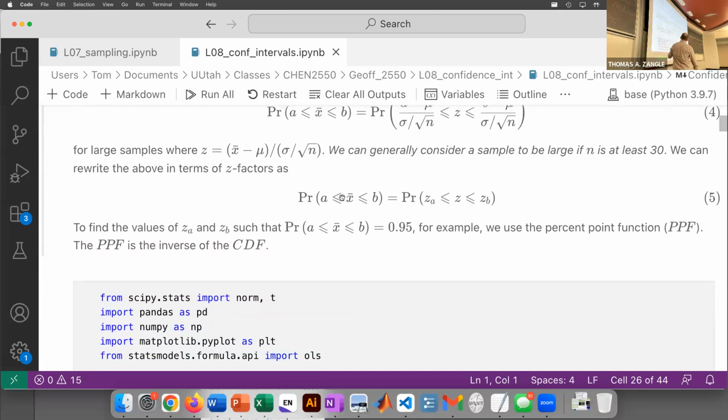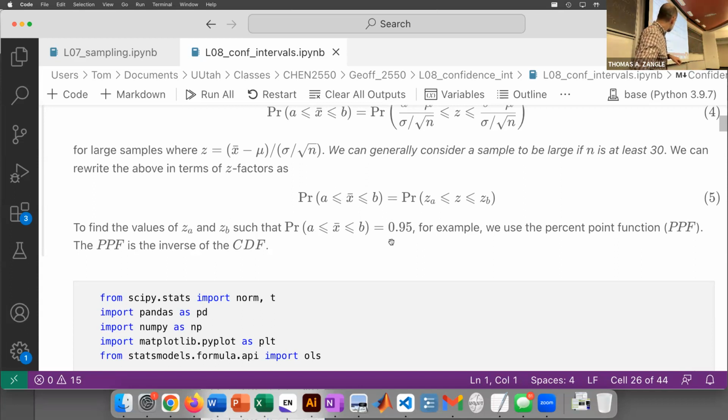So again, for n greater than 30, the probability of finding a sample mean between two values, A and B, is equal to the probability that I have a z-score for the normal distribution between those values of A and B.